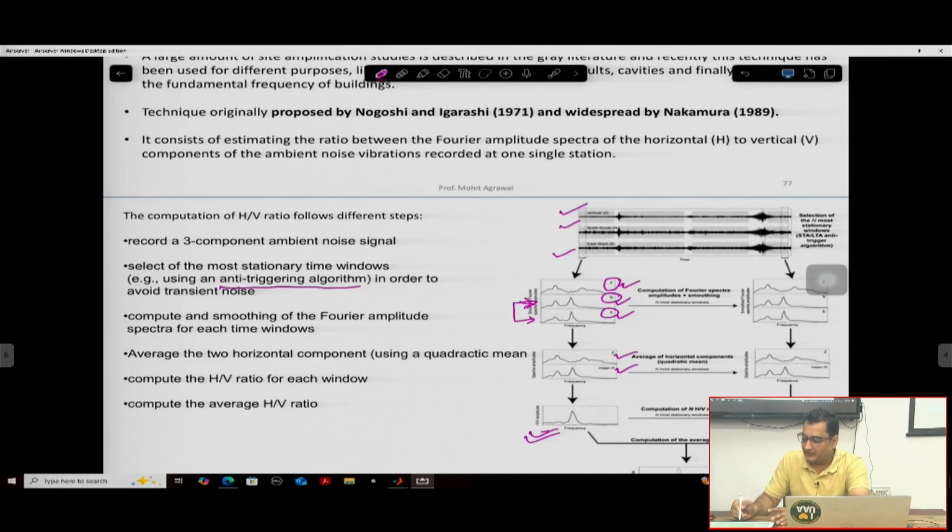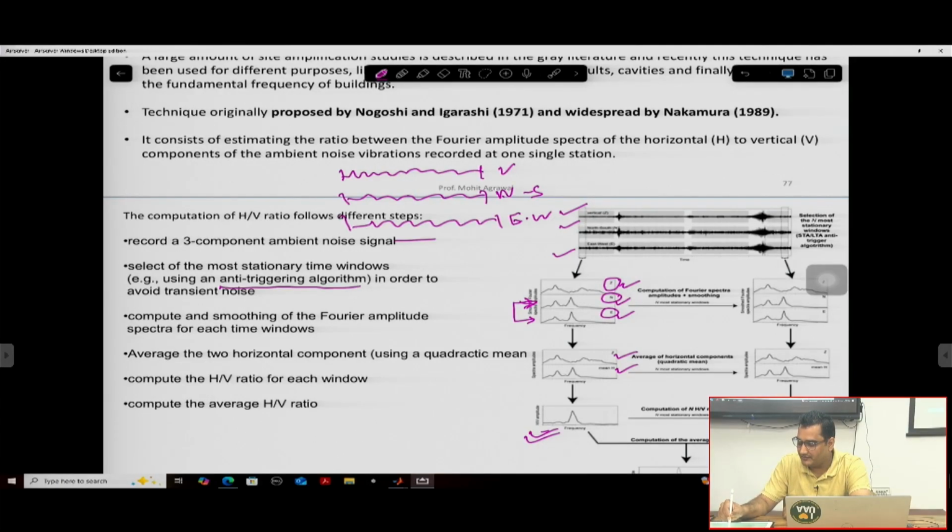So basically you have three recordings. This is your continuous 50 minute recording for the vertical component, then the north-south component, and then the east-west component.